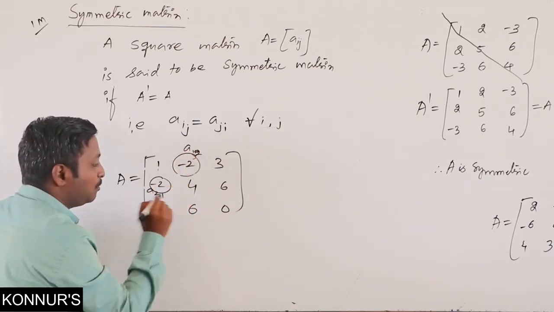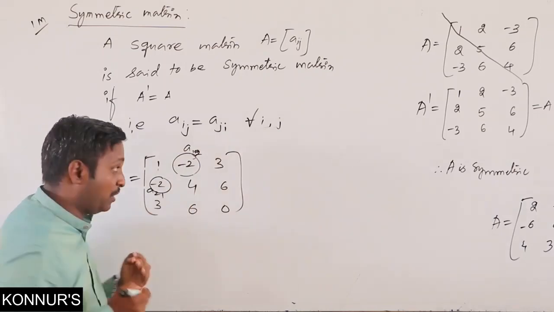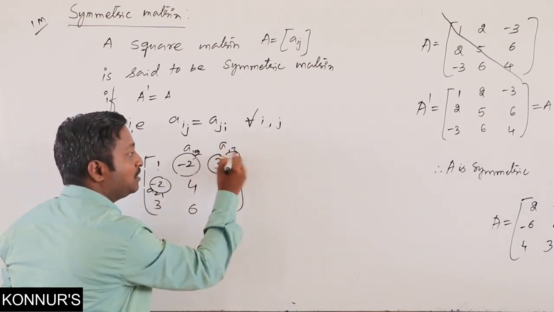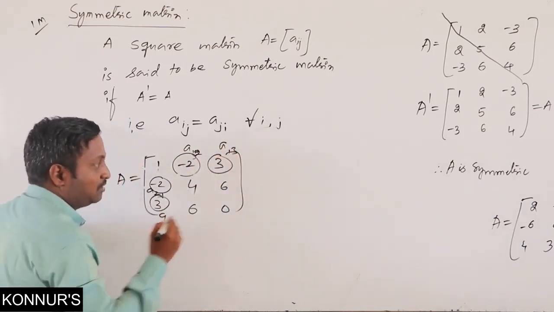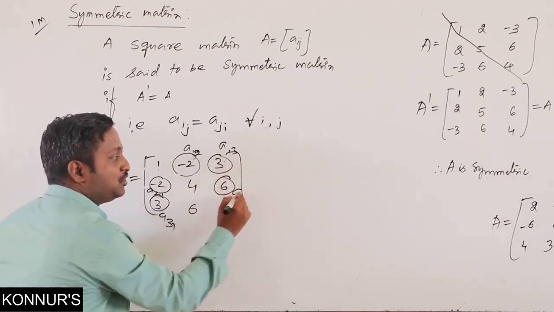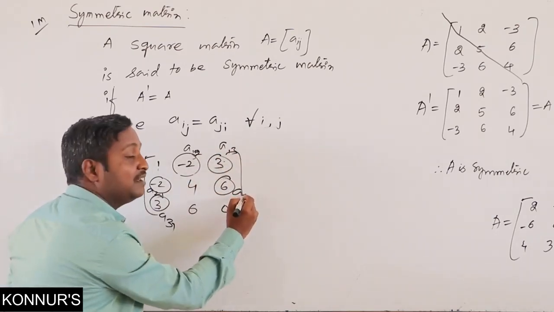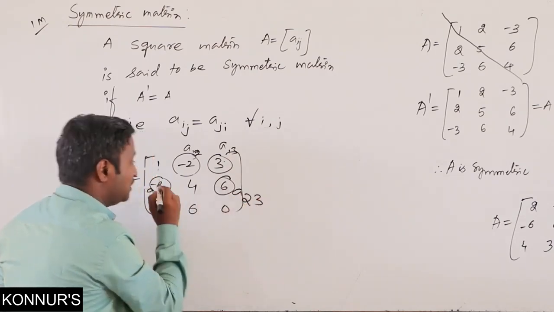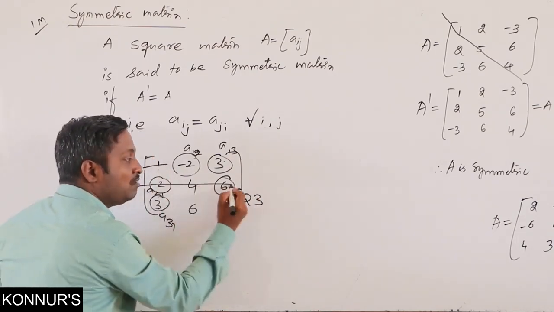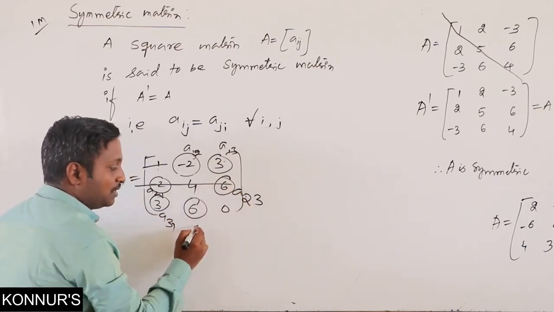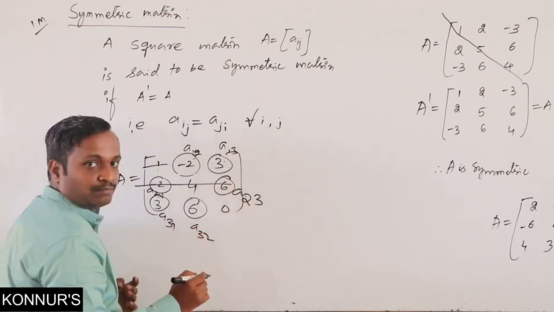This is A2,1. Are you remembering that point? This is the position A1,3. This is the position A3,1. Both are the same. This is the position of A2,3, second row, third column. This is third row, second column.